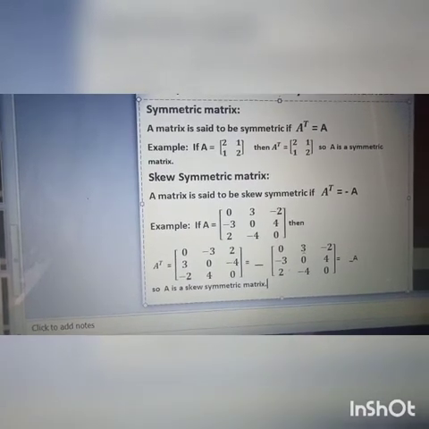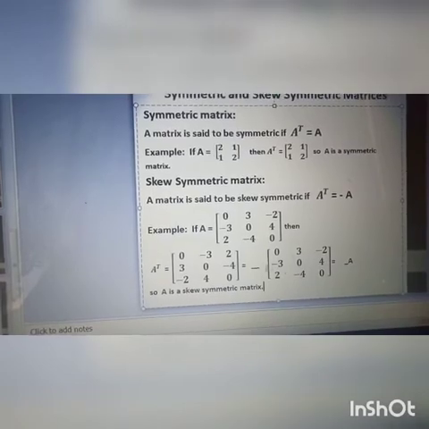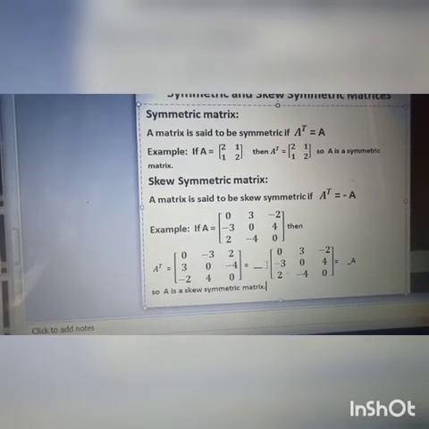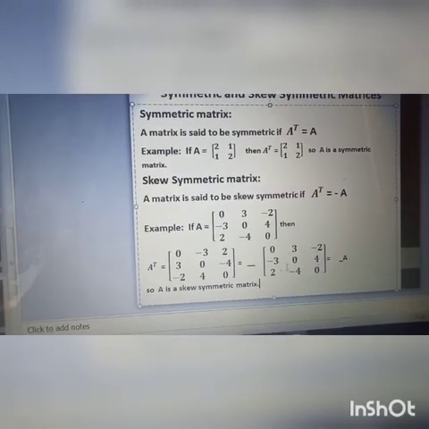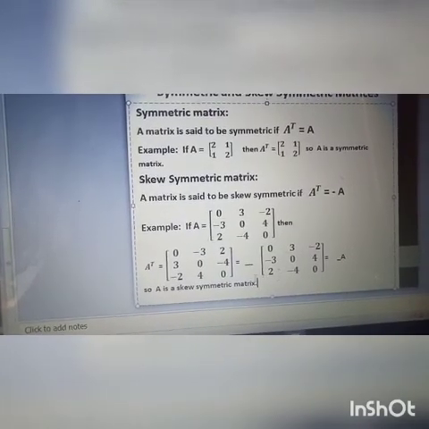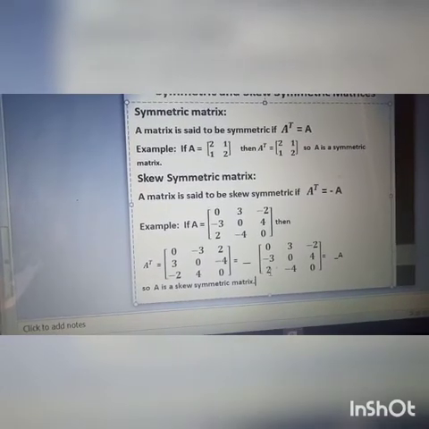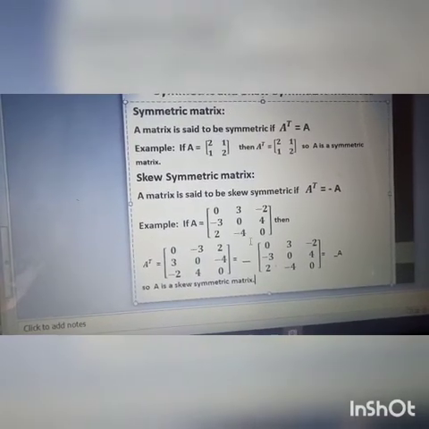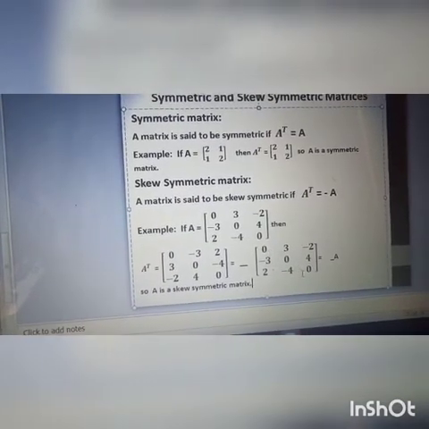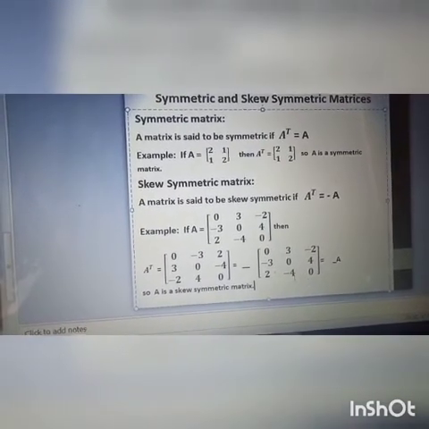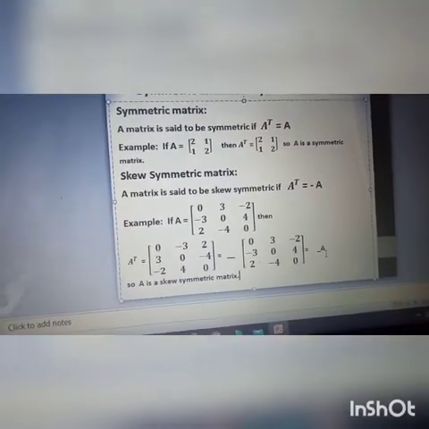Now minus 3 will become positive 3, positive 2 will become negative 2, here it was positive 3, it will become negative 3, negative 4 will become positive 4, and in the same way you will change the sign of the other elements as well. 0 is a neutral number, so it doesn't have any sign. A negative sign doesn't affect it, so it will be the same. So here you can see this thing is equal to minus A again.